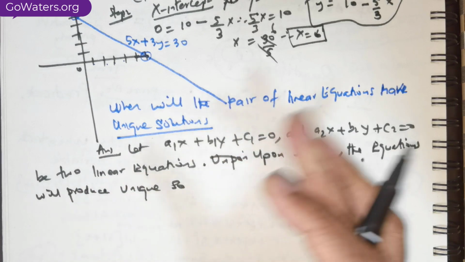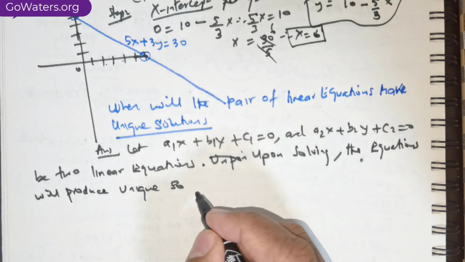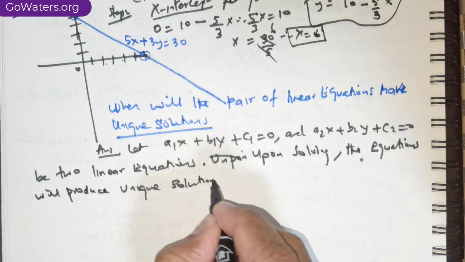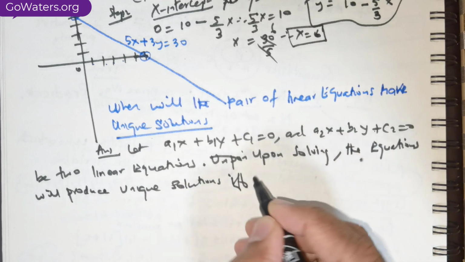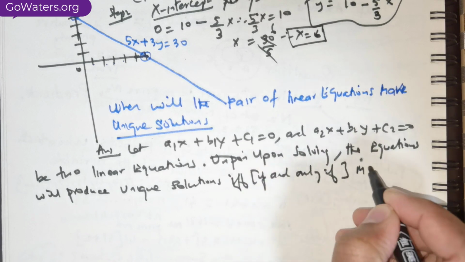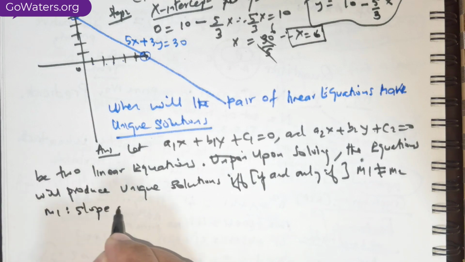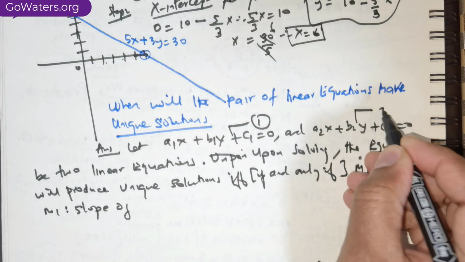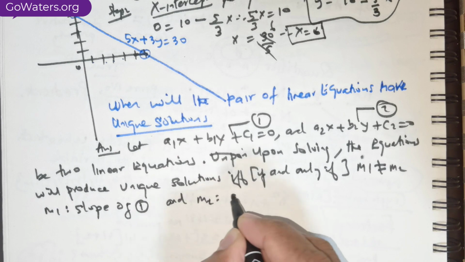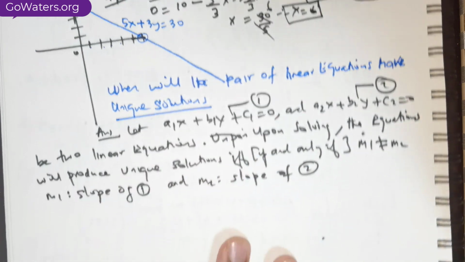So you will not be able to find anything else other than the solution that you have worked out. So let me write that. The equations will produce unique solutions if and only if, IFF stands for if and only if, m1 is not equal to m2. What is m1? m1 is the slope of equation 1, and m2 is the slope of equation 2. So this is the requirement.